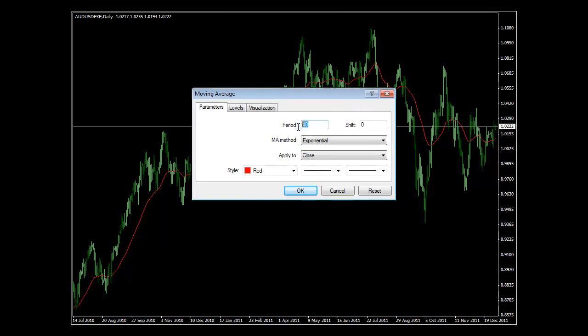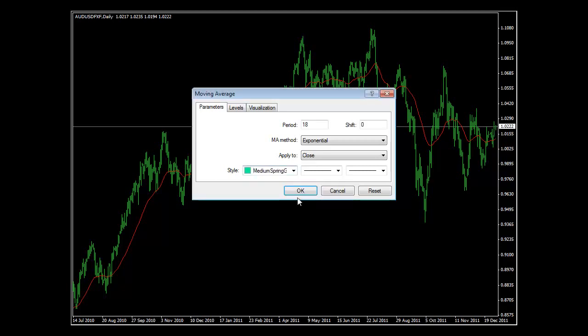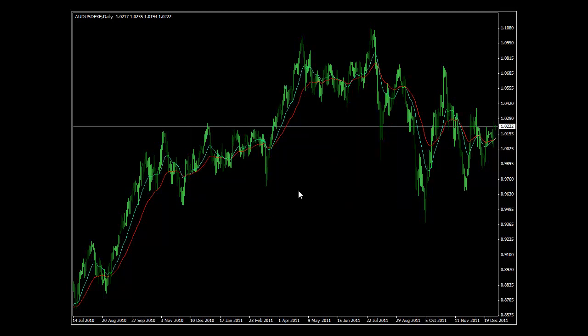This one is going to be an 18 period exponential on the close, and let's go with blue. You can use whatever color you like, but I'm using these for this example.